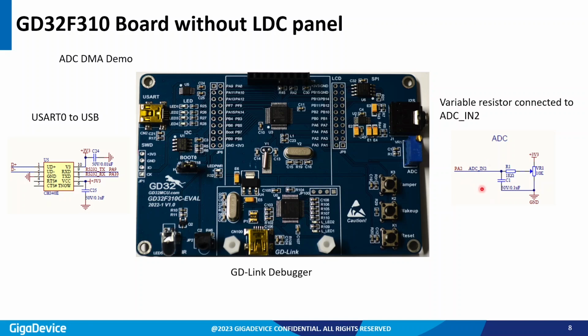That's the channel we're going to use for the ADC. We're also going to use the debugger to interface to the design itself. The GD-Link is included on the board itself, so you don't have to buy an external piece of hardware. All of our eval kits and starter kits include the GD-Link debugger.